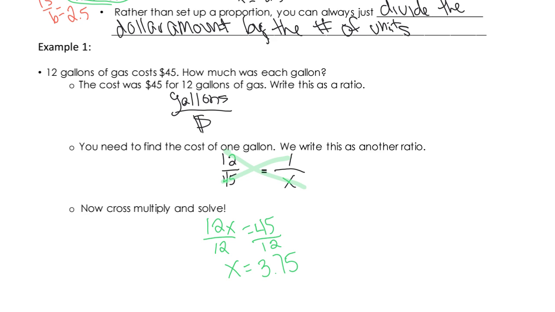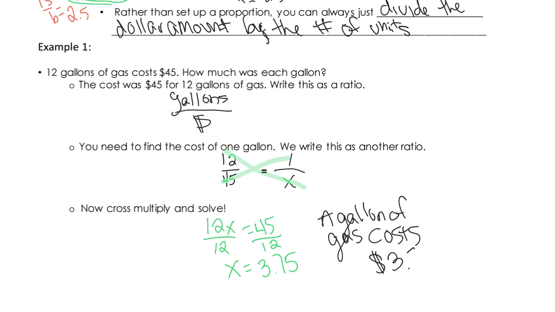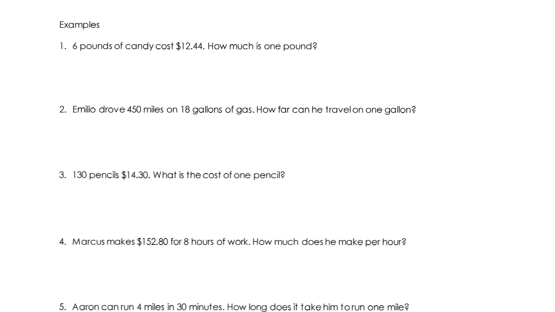So remember, we always write a sentence. A gallon of gas costs $3.75. Okay, let's go to the next page.